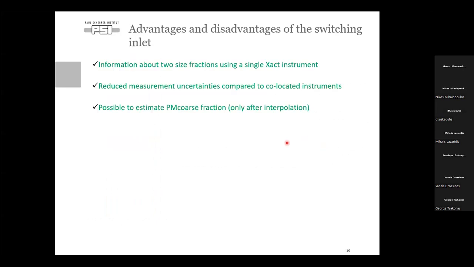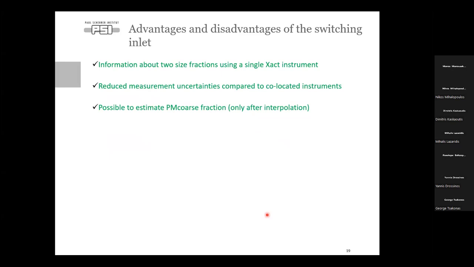So some advantages and disadvantages of the switching inlet. Information about two size fractions using a single instrument. We also have reduced measurement uncertainties compared to having, for example, collocated instruments, because all the calibration refers to just a single instrument and not two different instruments, which usually makes the uncertainty lower.